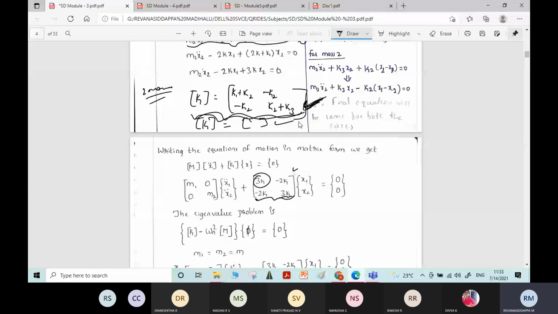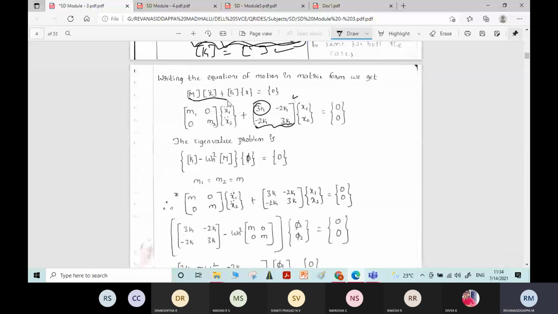The next step is taking the equation of motion, that is M x double dot plus K x equal to 0. In matrix form, you have to write that equation of motion, where M is the mass matrix, x double dot is the acceleration, K is the stiffness matrix, and x is the deflection.